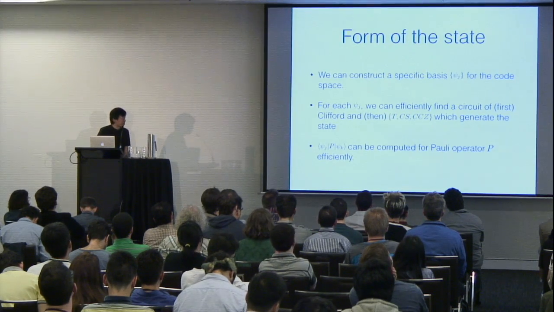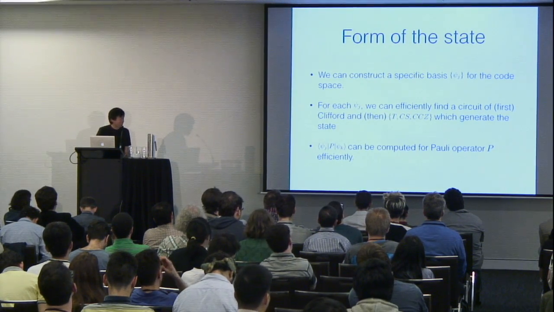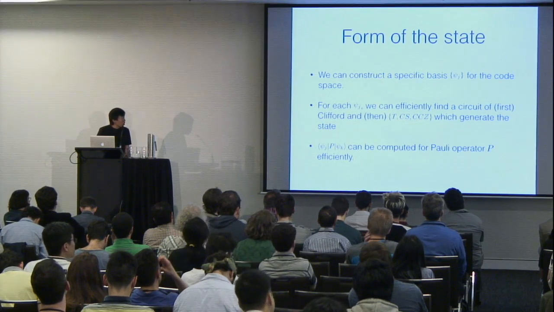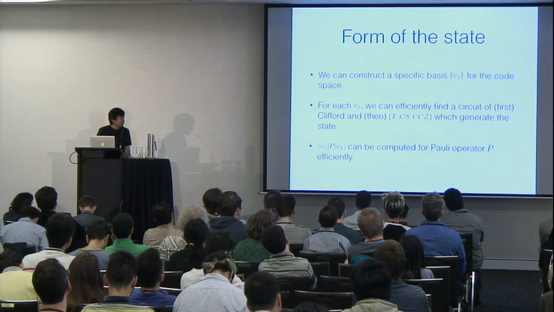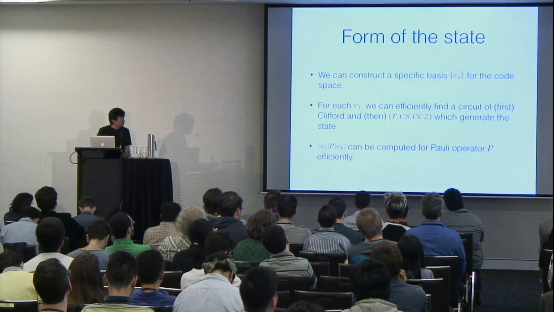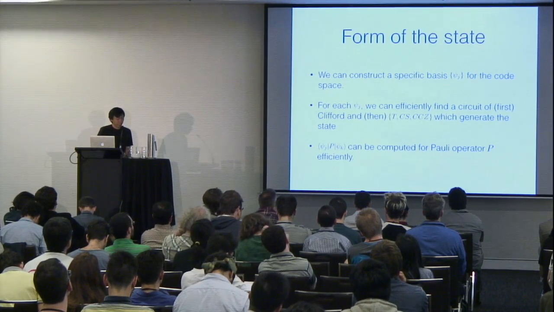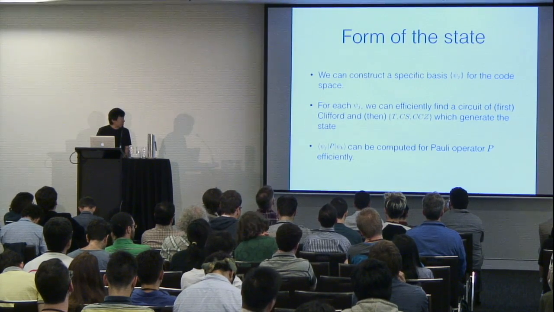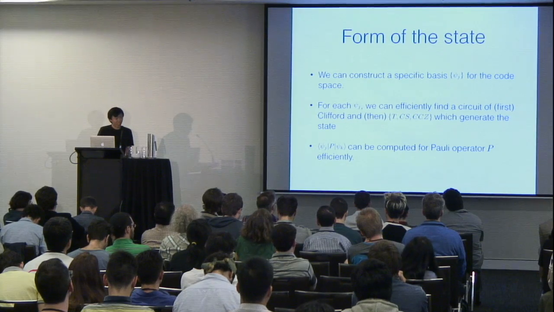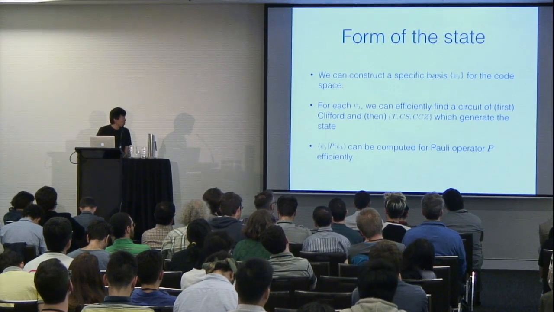So now let's look at the form of the state in a bit more detail. We can always construct a specific basis for the code space, and depending on whether the condition on the previous slide is satisfied or not, this procedure can either be efficient or not efficient.